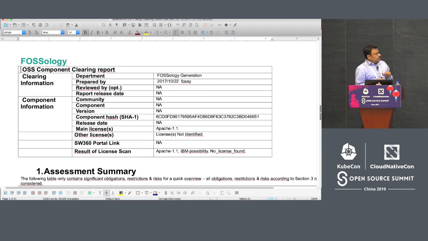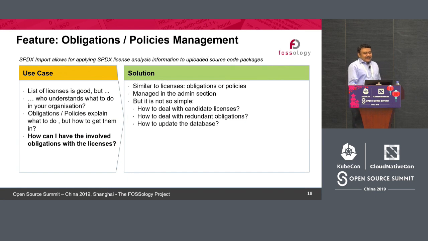This is another feature. After the clearing process is complete, to review the process, you can also generate a Word document. It's very important, as you manage your licenses, to manage their obligations and policies.